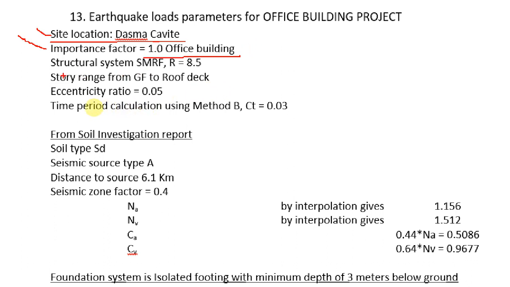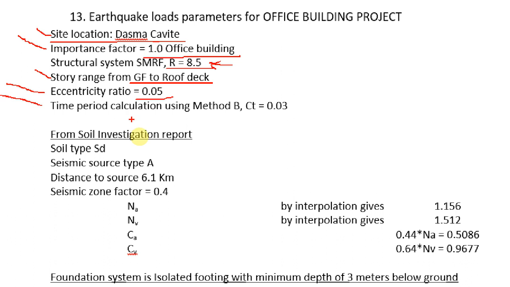Then our ductility factor is 8.5. Okay. Then the story range of the earthquake is from ground floor to roof deck. Then the eccentricity ratio is 0.05. Time period calculations, we can use method A, but we will use method B. So our CT is 0.03.